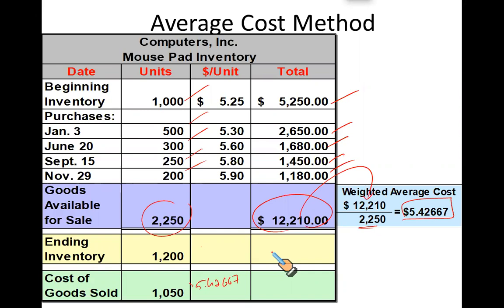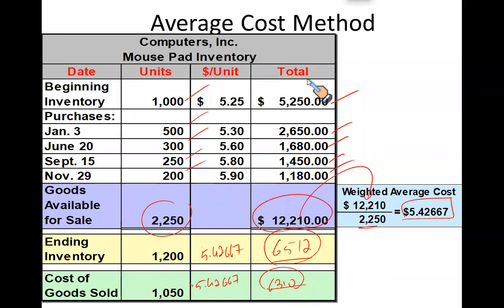It gives you 6310, Imran says. All right. Then the ending inventory will be valued at the same rate, 5.42667. So 1,200 multiplied by 5.42667 gives you 6512. So this is the value of your cost of goods sold. This is the value of your ending inventory under the weighted average method.